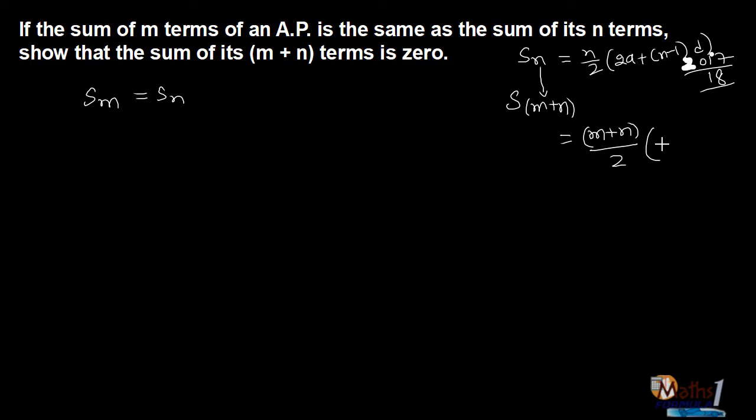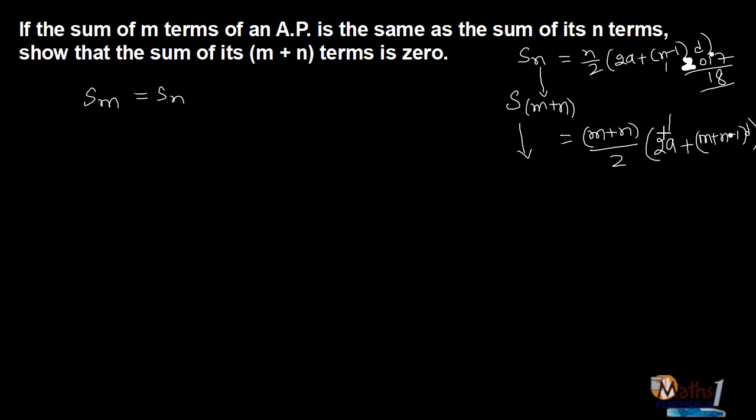Divided by 2. 2a will remain the same. n is replaced by m plus n minus 1, times d. Keep that in mind. Now we have to show this equals 0. There are many things you can try.